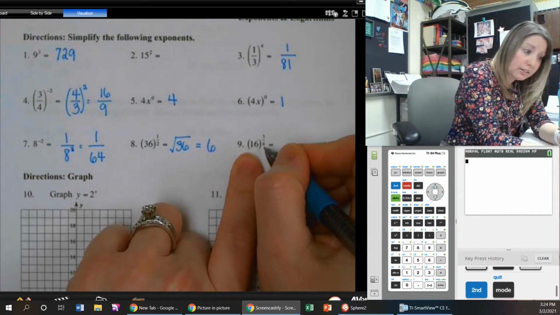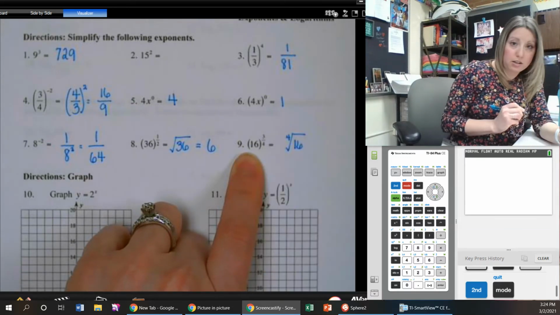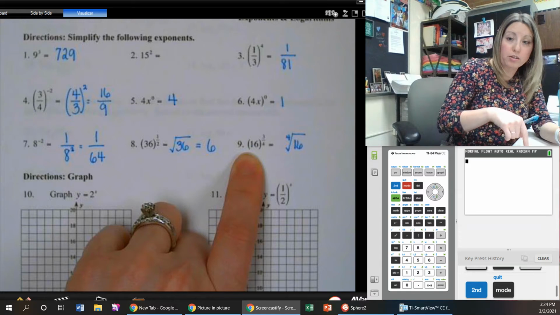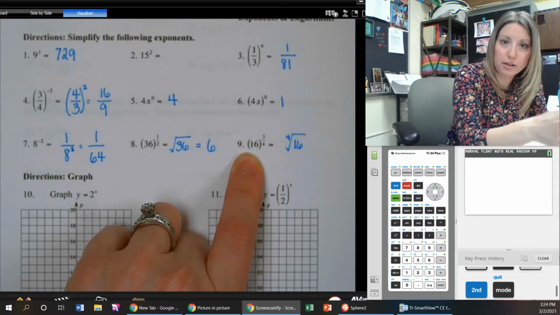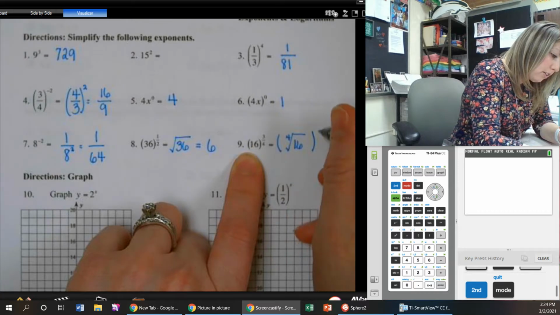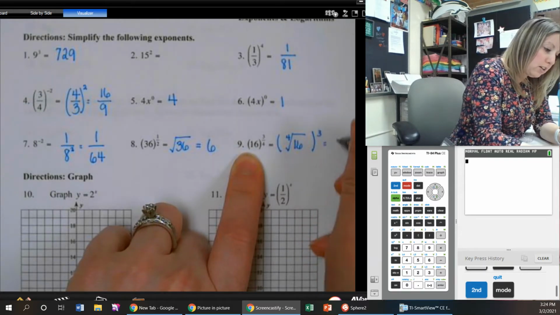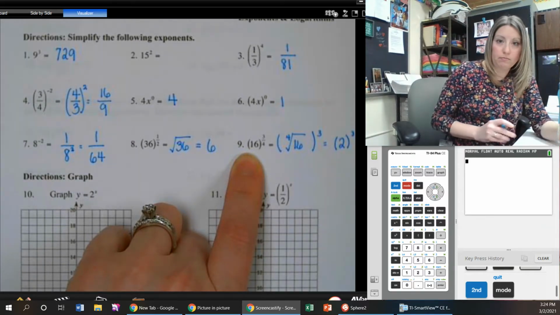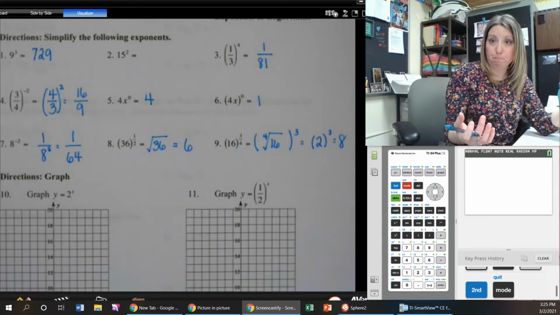In this case, I'm taking the fourth root of 16. So what times what times what times what, 4 times, gave me 16 in the first place, and then cubing that. So the fourth root of 16 is 2. 2 cubed is 8. Okay, that's where I would get that from.